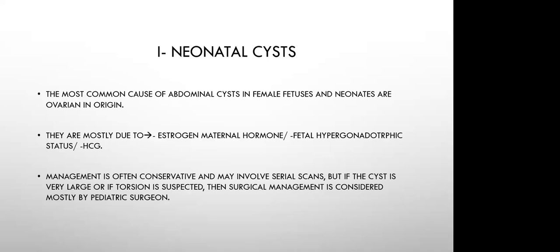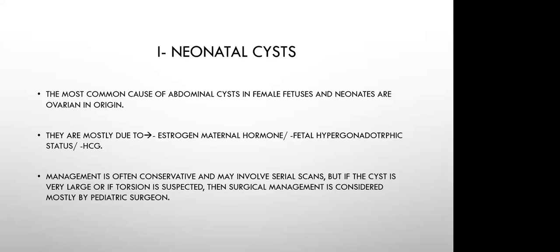Sometimes such cases may be diagnosed in utero by a proper ultrasonographer, and they are mostly due to maternal estrogen and fetal hormonal imbalance. Okay, so for neonatal cysts, the most common cause of abdominal cysts in females, the main origin is ovarian, and the main cause is maternal estrogen and fetal hormonal imbalance.